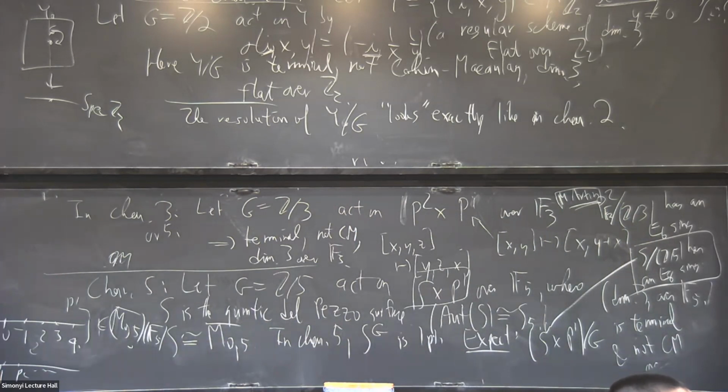How do these properties like KLT and terminal behave with respect to taking hyperplane sections? Is there a hope of getting lower dimensional examples that way? You couldn't really produce examples in lower dimensions than this, but in general, that's an actual question, and the answer is that, as far as I can understand, it just doesn't work very well in characteristic p.